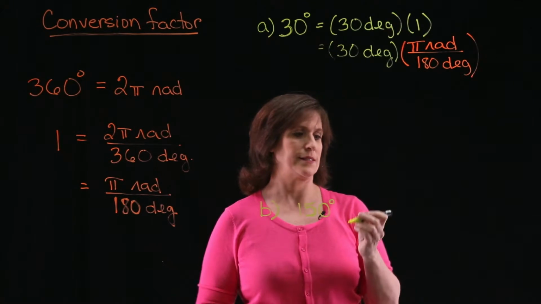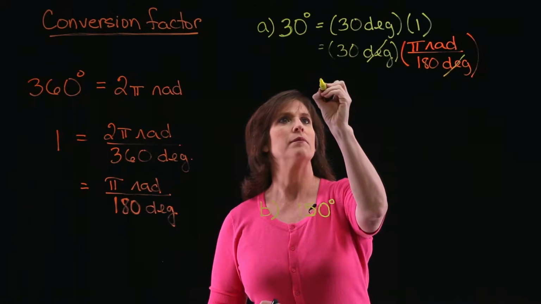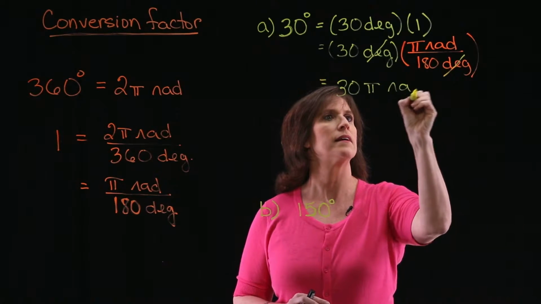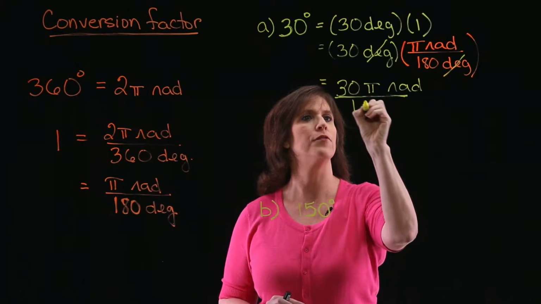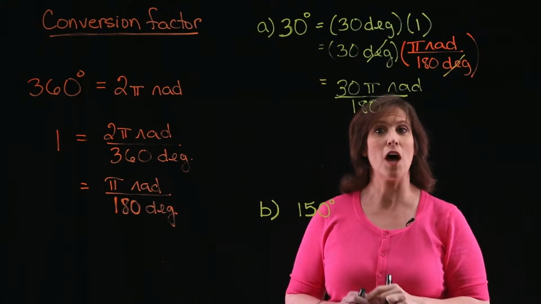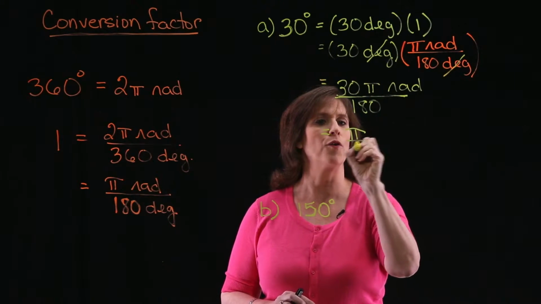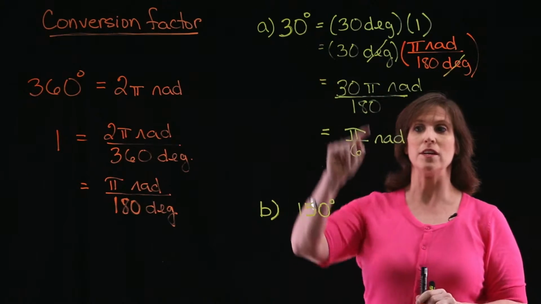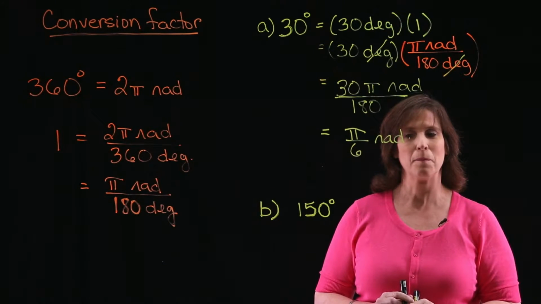Now notice what happens. The degrees will cancel, and I'm left with 30 times pi radians all over 180. Now this fraction will reduce. I can divide both the top and the bottom by 30, and I end up with pi over 6 radians. So in other words, 30 degrees and pi over 6 radians measure exactly the same angle.